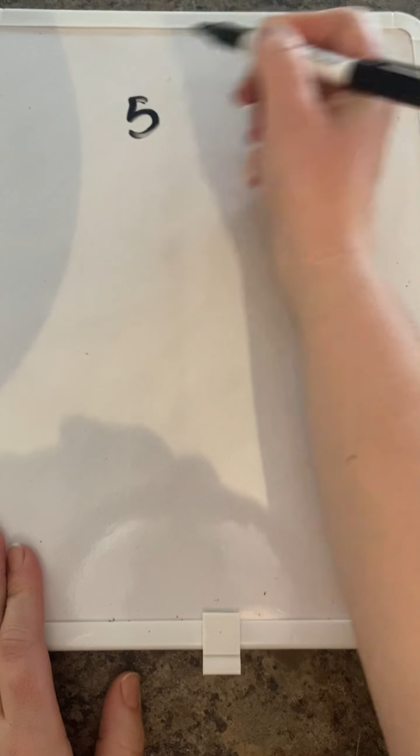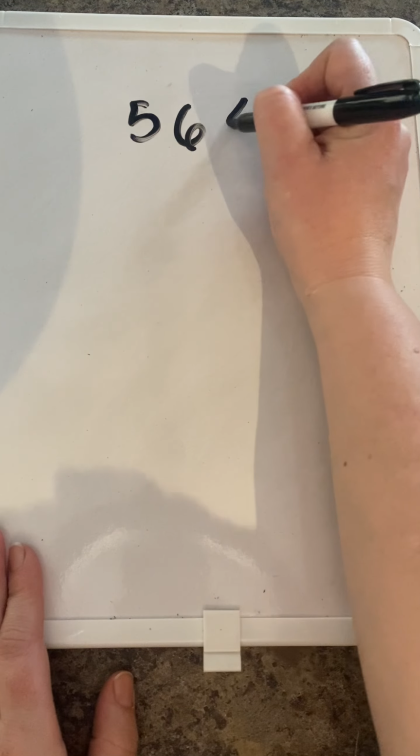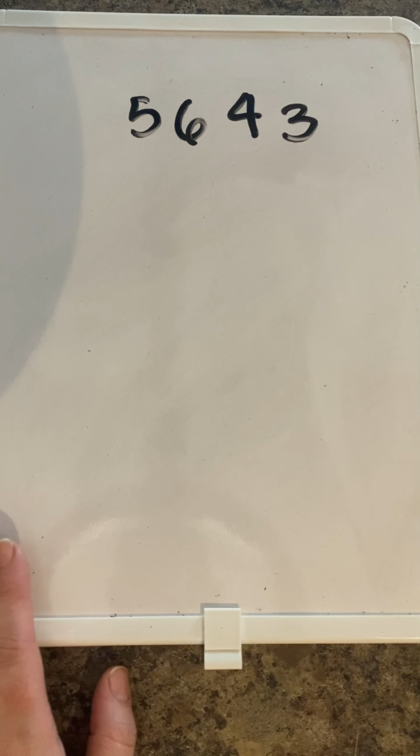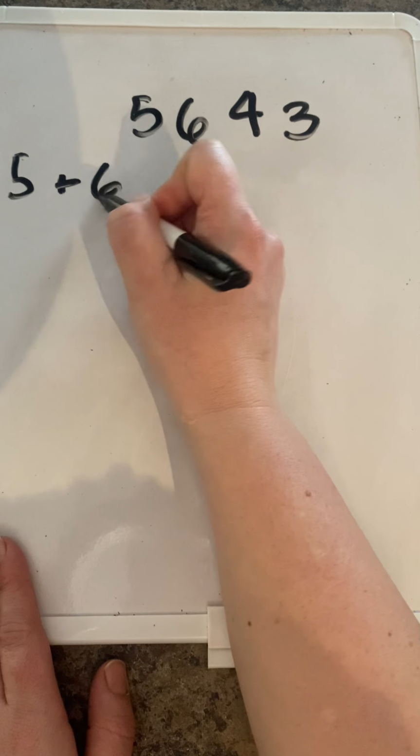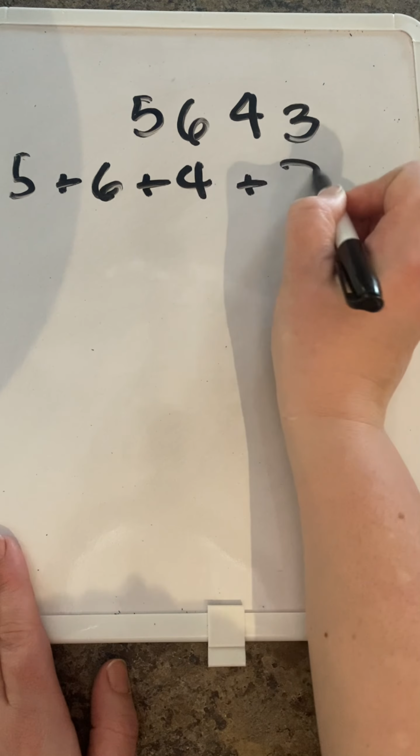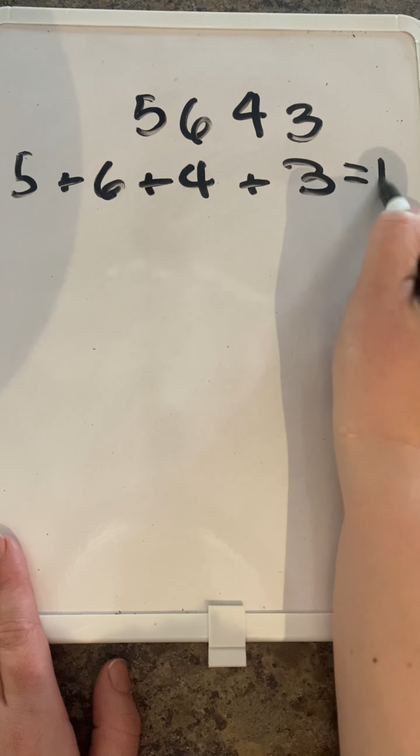This one is bigger. So before jumping in, I'm going to check the divisibility rules. We're going to do 5,643. So first thing I'm going to do, I'm going to add the digits. 5 plus 6 plus 4 plus 3 equals 18.